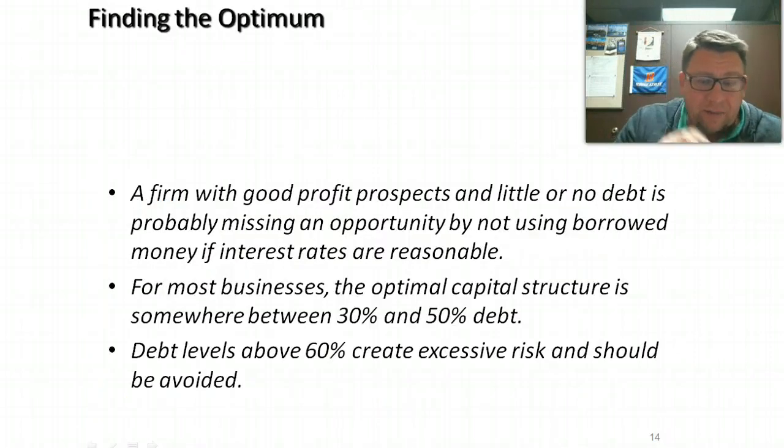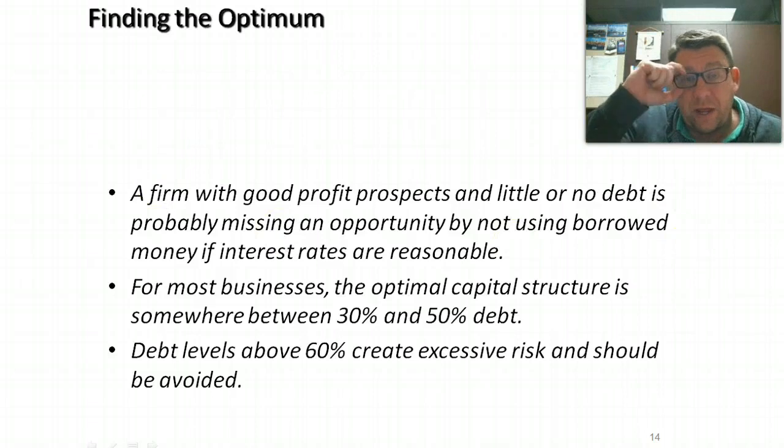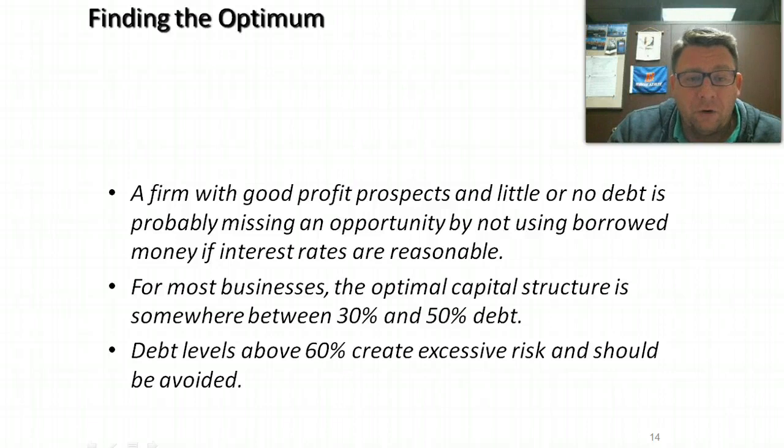So finding the optimum, here are some rules of thumb you want to consider. A firm with good profit prospects and little or no debt is probably missing an opportunity by not using borrowed money if interest rates are reasonable. So if your company's making money and you have little to no debt, you're probably not as profitable as you could be. This firm we would consider under-levered.